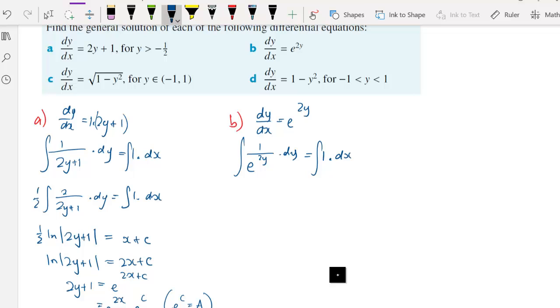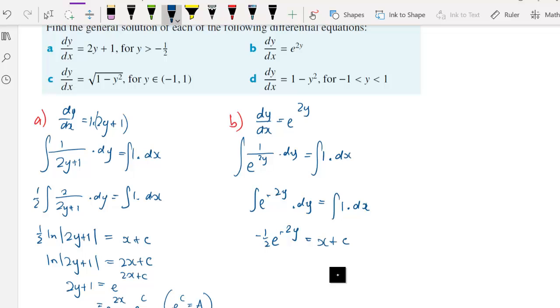In order to find this integral, we want to apply our index laws, and this is the same as writing e to the negative 2y dy. The integral of e to the negative 2y is negative 1/2 e to the negative 2y, and we've got x plus c.